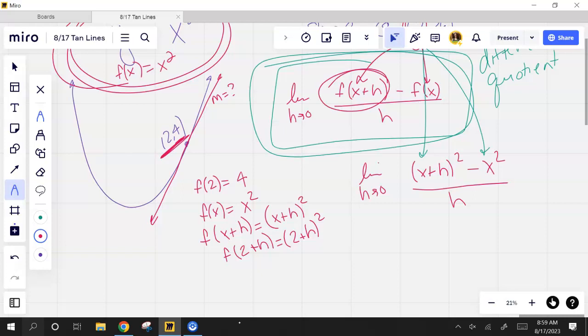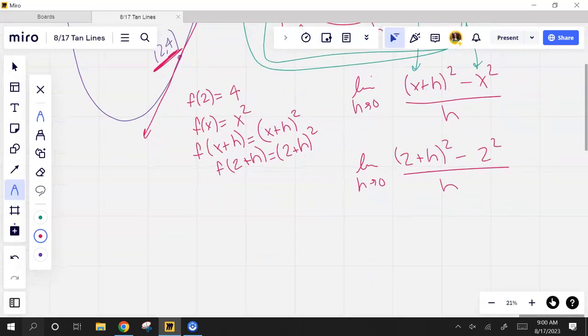It's just another limit problem. So now, the limit as h goes to 0 of 2 plus h squared minus 2 squared over h. How can I evaluate that?